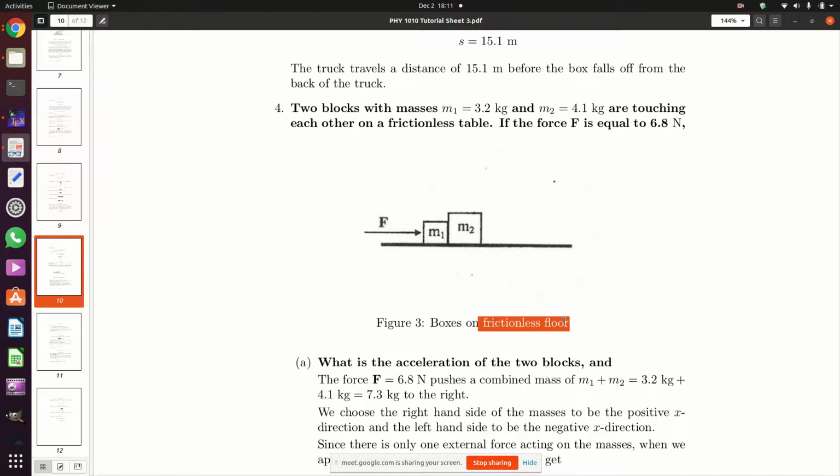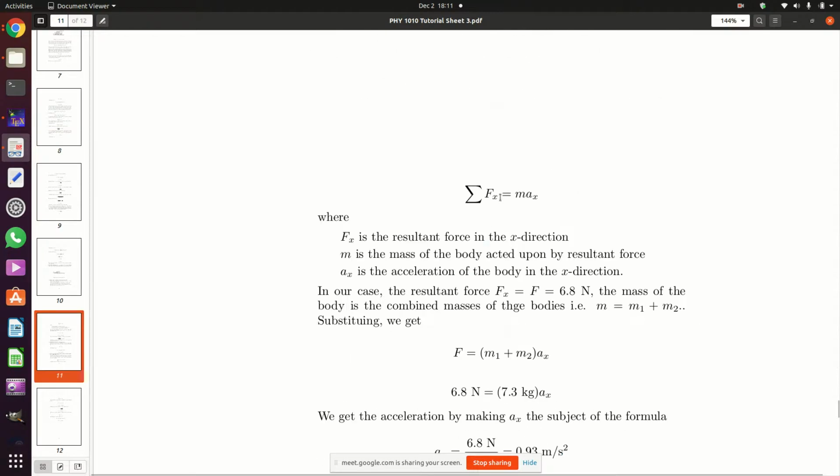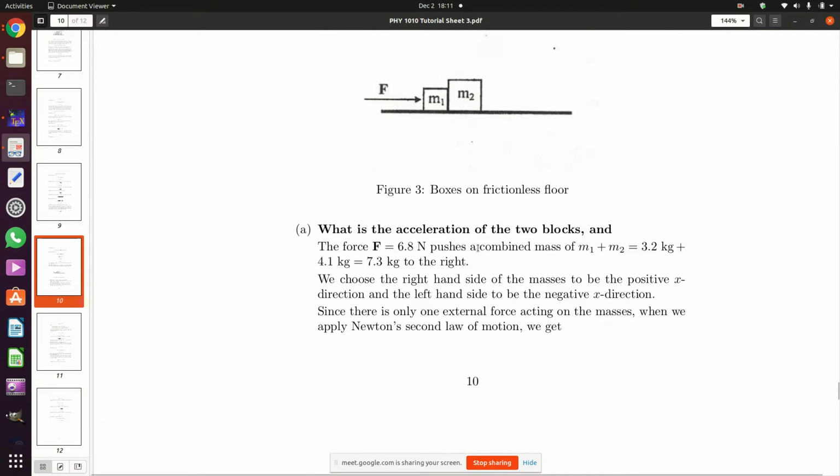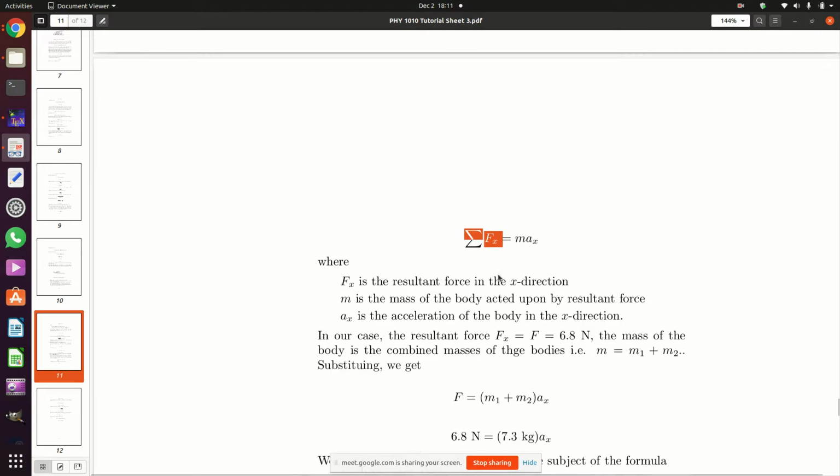The only external force which is present in this case is the force F, which is 6.8 newtons. So that is our resultant force. And since it's pointing to the right, we take our resultant force to be positive.